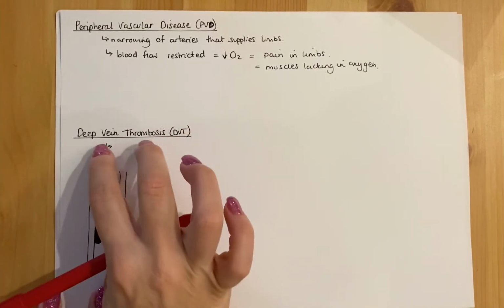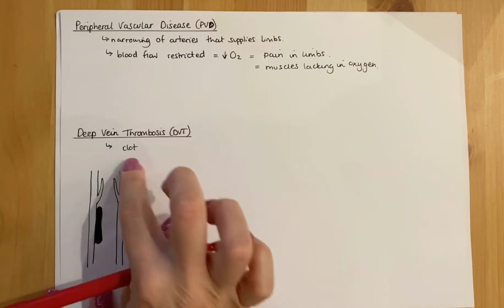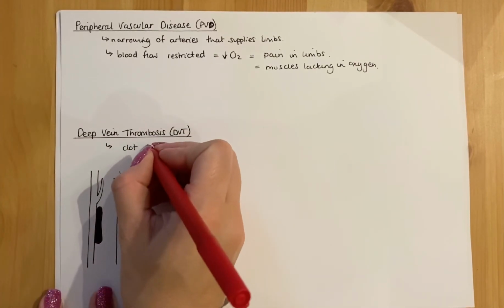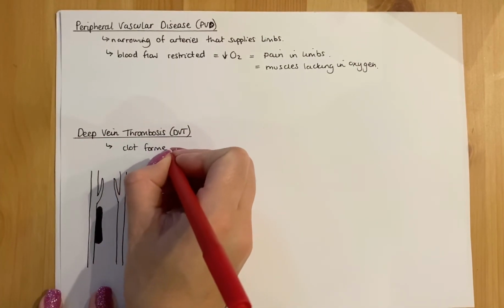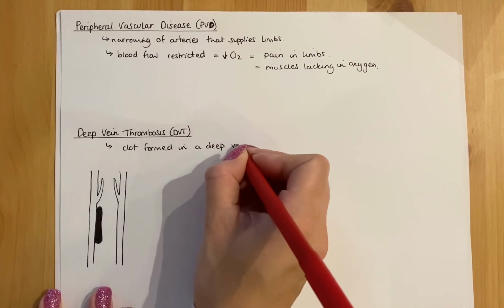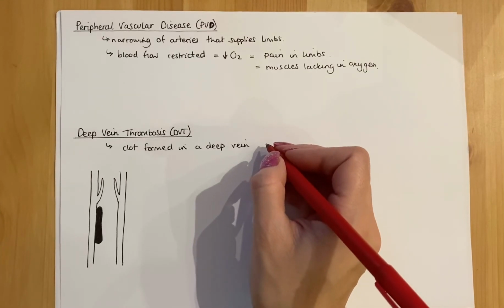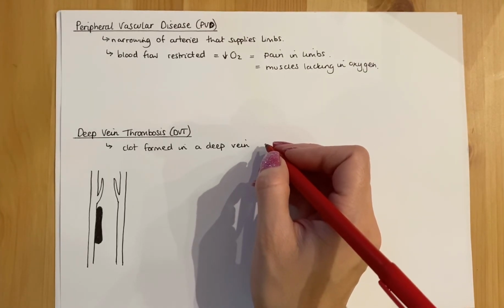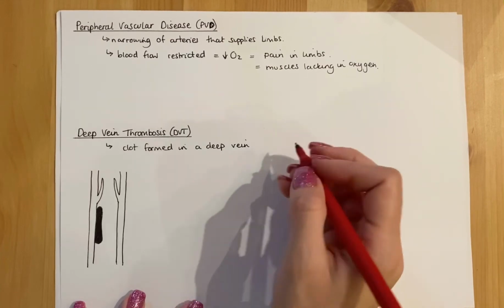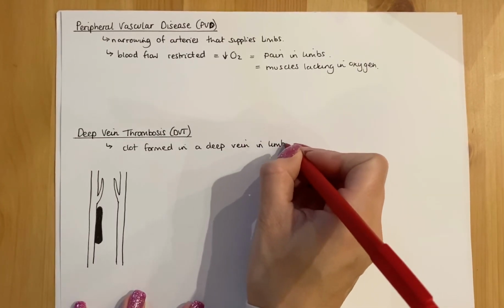If you break it down in terms of what it means, thrombosis is a clot, and it's a clot that forms in a deep vein. Specifically, that clot will form not in the heart or in the artery supplying the brain, but in the limbs. So a deep vein in the limbs, and it's normally affecting the legs.